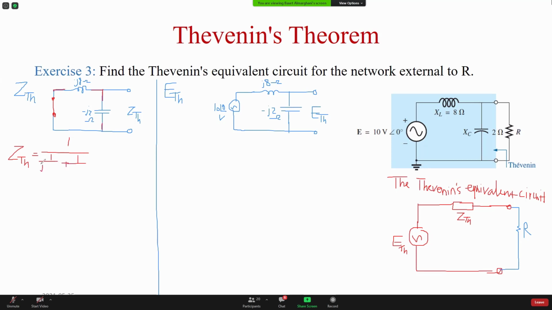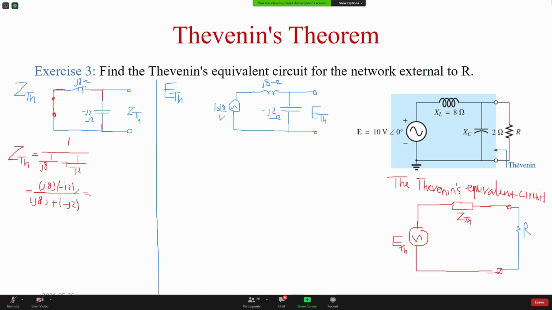So this is J8, it's in parallel with minus J2, or you can do it this way as well, which is because they're two, you multiply, you divide by the sum. So it's J8 multiplied by minus J2, and the sum J8 and minus J2.